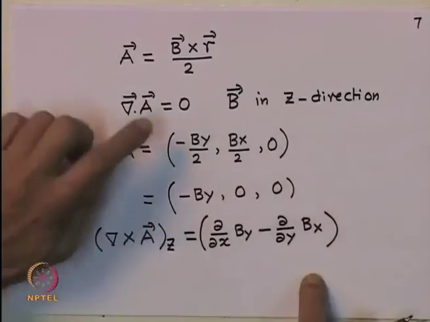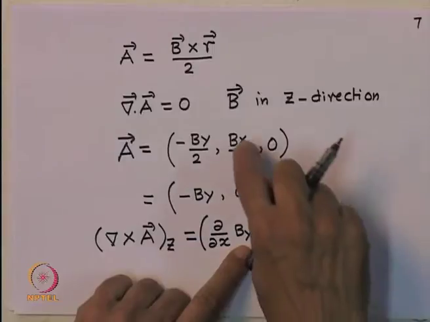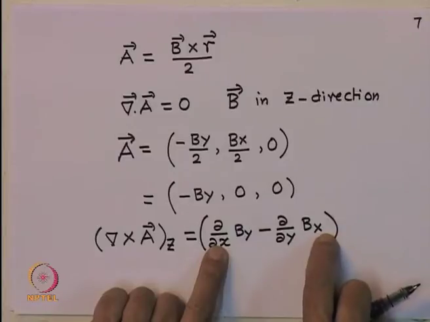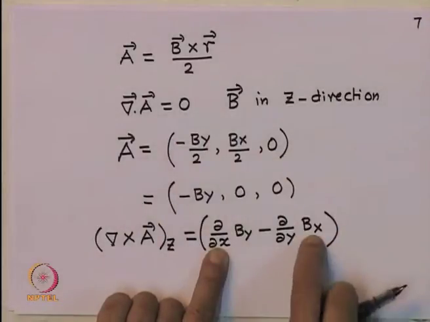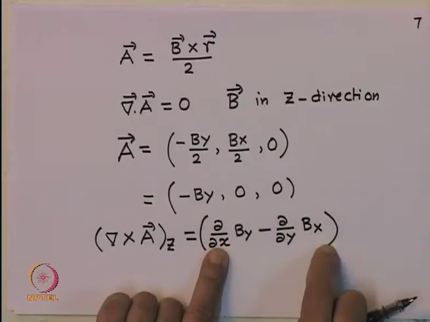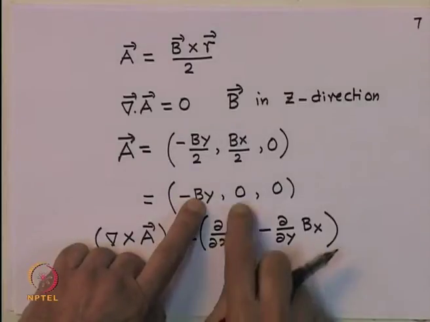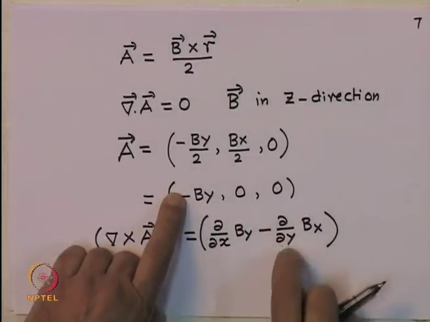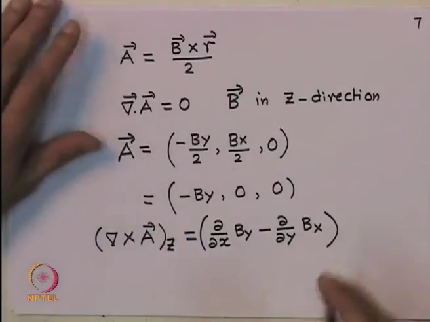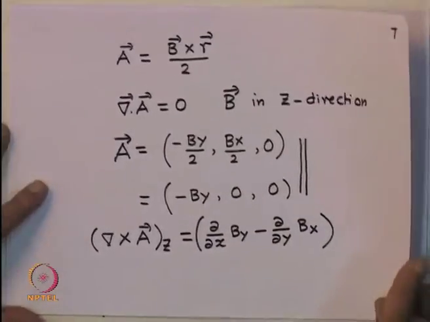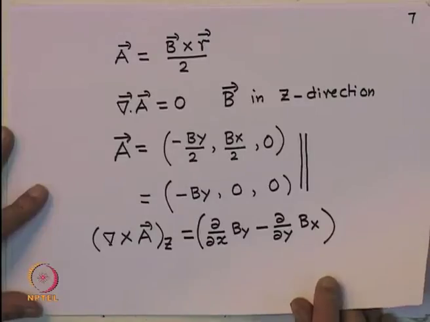So, take the first expression, d by dx of Ay, Ay is Bx by 2, so that gives me B by 2. d by dy of Ax, Ax is minus By by 2, so that gives me another minus B by 2, so that is B. Alternatively, I have a minus B times y, this is 0, and minus minus plus d by dy of that is B. So, either of these expressions or many other possible expressions can be shown to correspond to the constant magnetic field. This is, as I pointed out, a rather important relation.